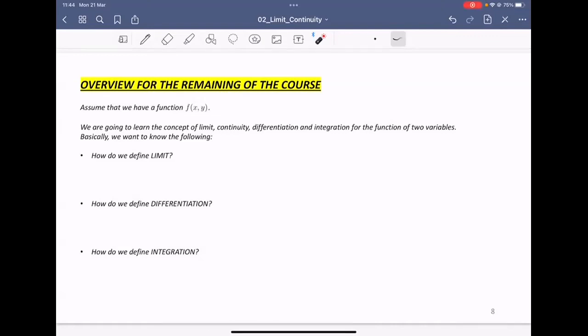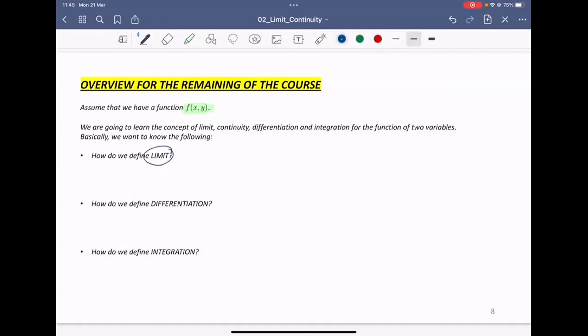Now you have in your head that you learn f(x,y) because it links to a surface, which has a lot of applications in real life. What we're going to do is learn limits, differentiation, and integration with this function f(x,y). I want to give you an overview of how hard it is so you can connect it with what you learned in calculus 1.